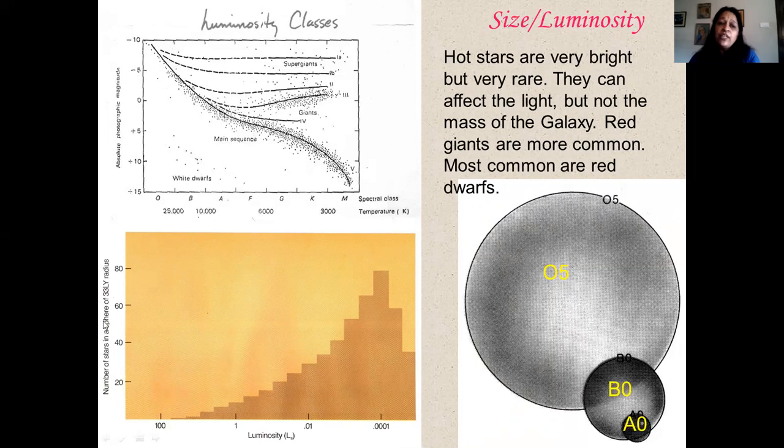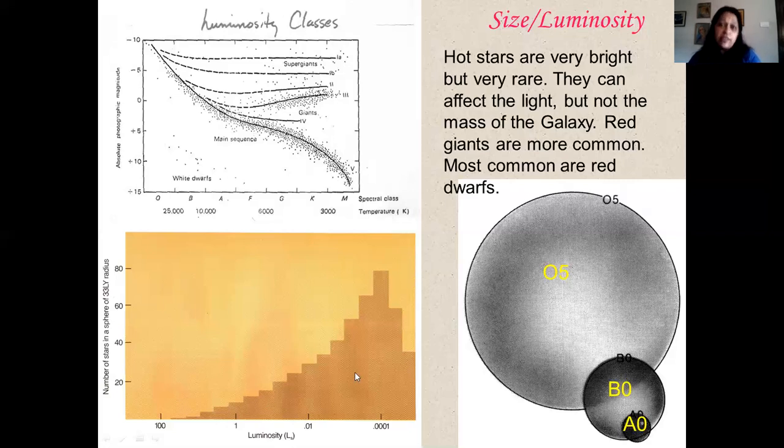If we were to look at stars in a sphere of 33 light years, you'll see that the bulk of stars have a luminosity like this. This is as a function of the luminosity of the sun, right? So you have a larger number of lower luminosity stars compared to high luminosity stars. Nature builds them in such a way that there are more low luminosity stars than high luminosity stars.